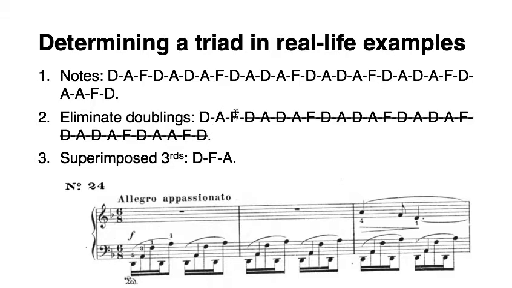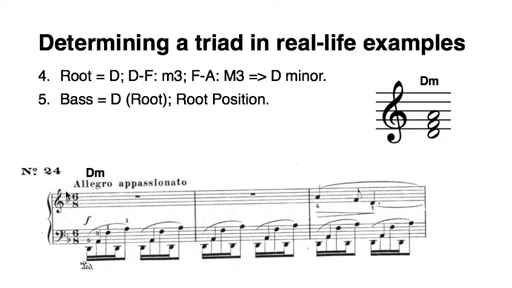What you do is you bring that F down an octave and put it between D and A. So you have D, F, and A. D to F is a third, a minor third. F to A is another third, a major third. So now you have found the root position triad, D, F, and A.